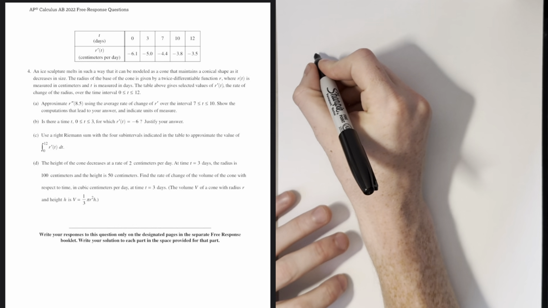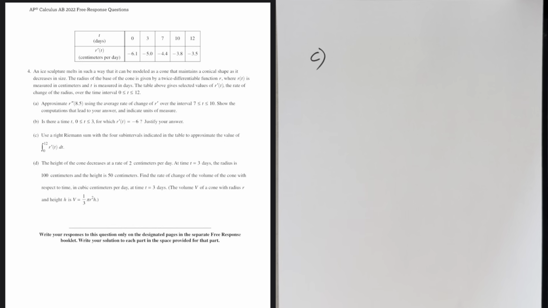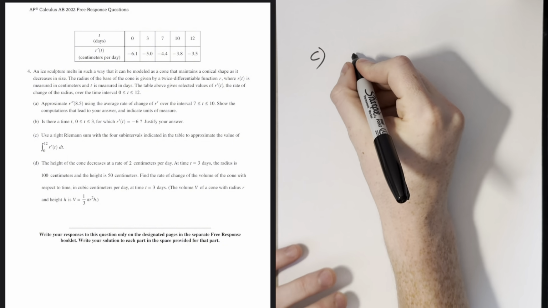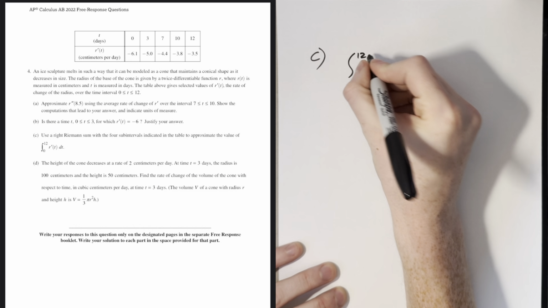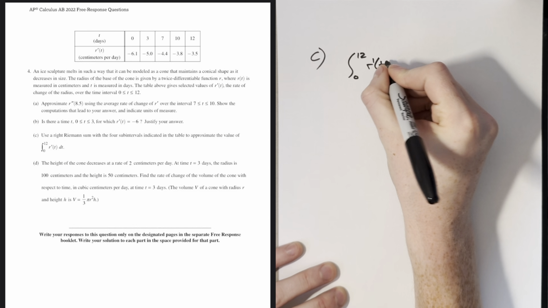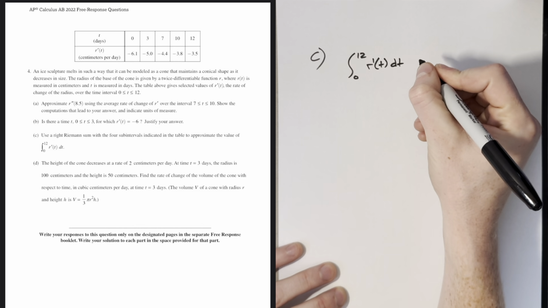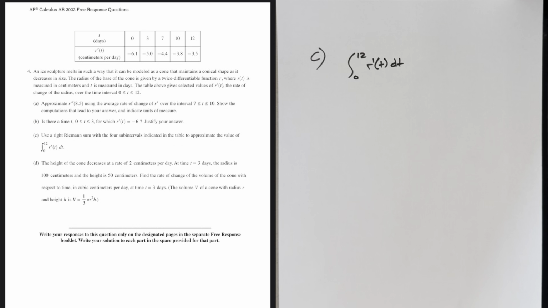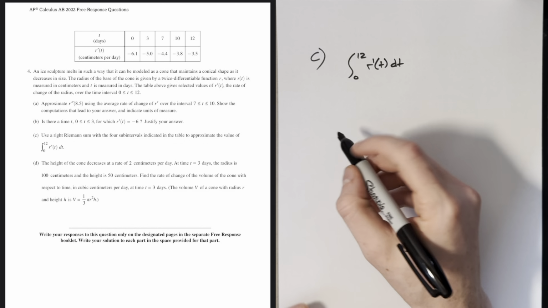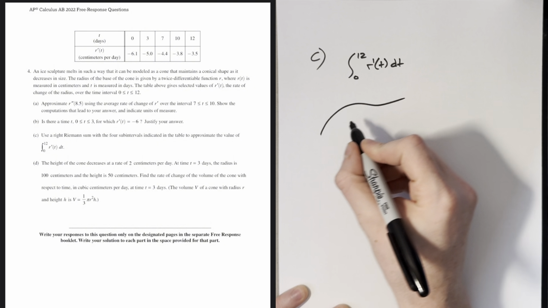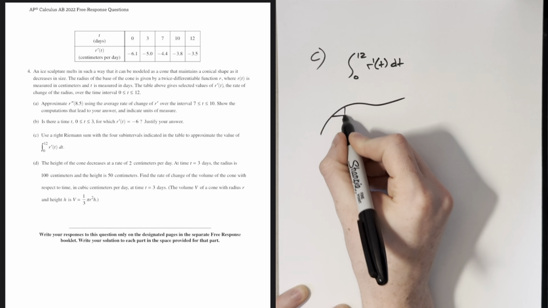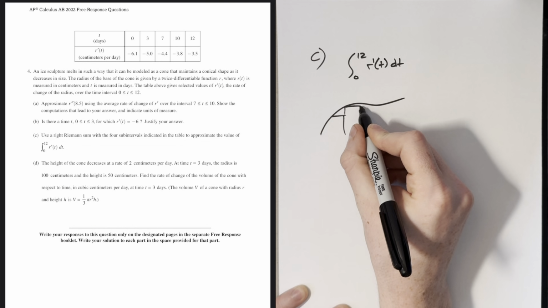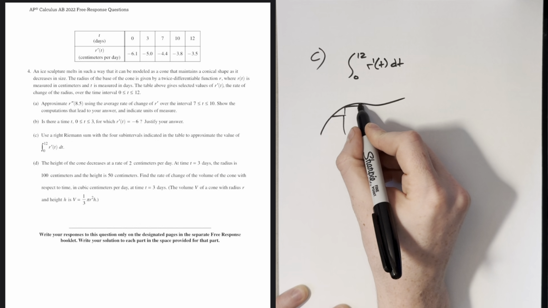Part C, we get a Riemann sum. It says use a right Riemann sum with 4 subintervals indicated in the table to approximate the value of the integral from 0 to 12 of r prime of t dt. Okay, so a Riemann sum is an approximation for an integral, right? It takes some curve, and it basically uses these little rectangles to approximate the area.